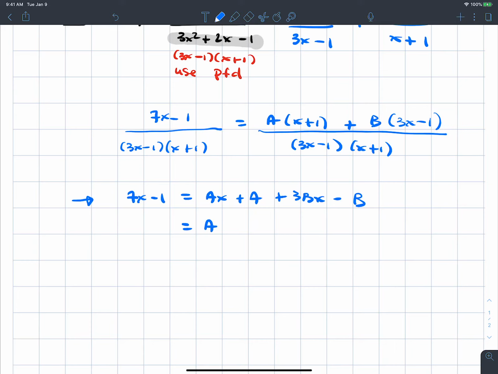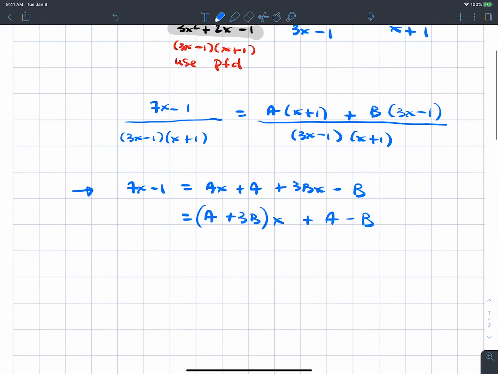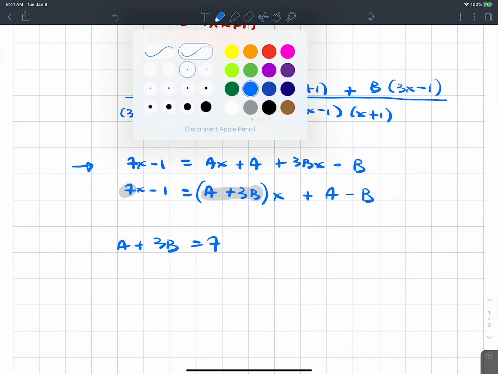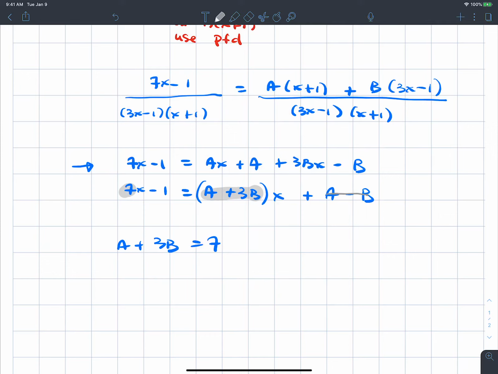And if we combine the like terms and factor out that variable x, we're going to get the following. So remember, a + 3b is 7. And we can say a - b will be negative 1.